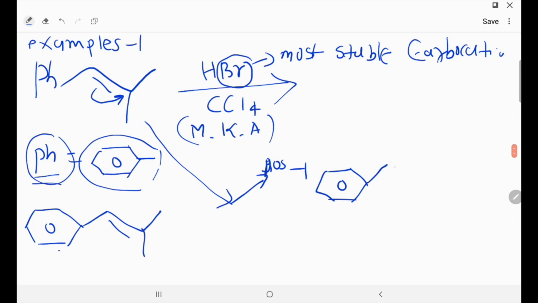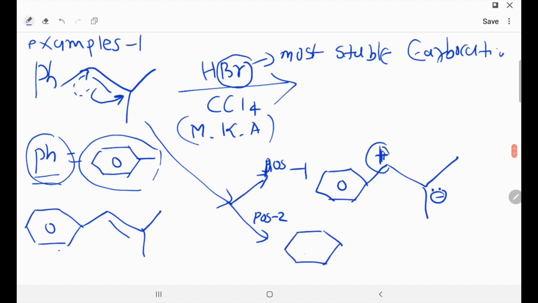So the structure will be something like this. Here electrons are transferred, and the positive charge is somewhere here. And possibility number 2, we transfer this electron onto this carbon. In that case, what will happen, dear students? Very good.